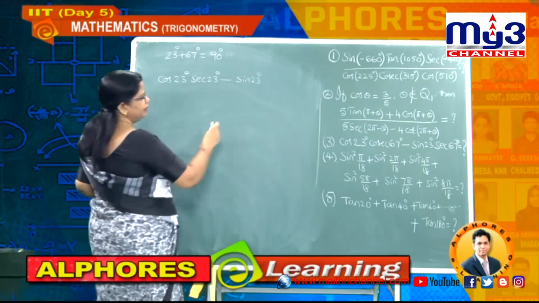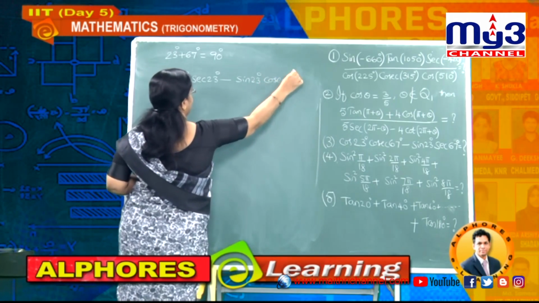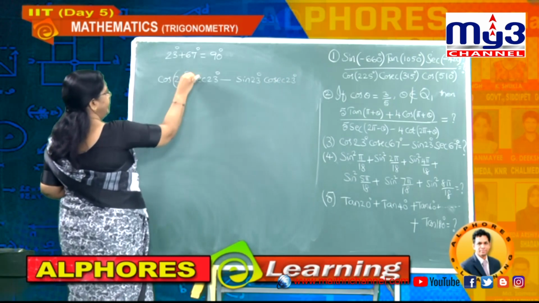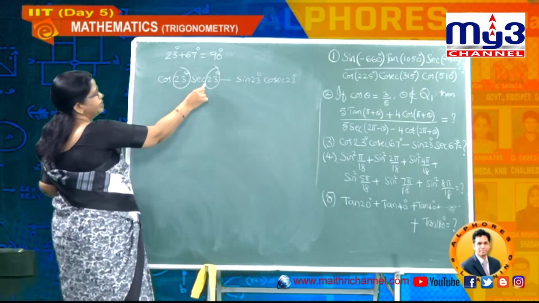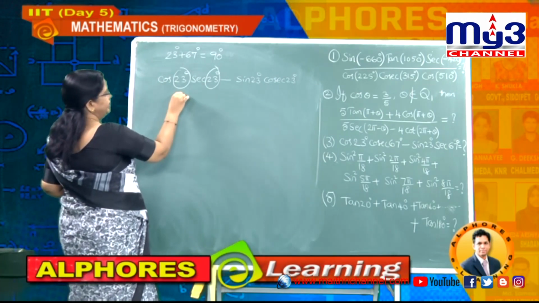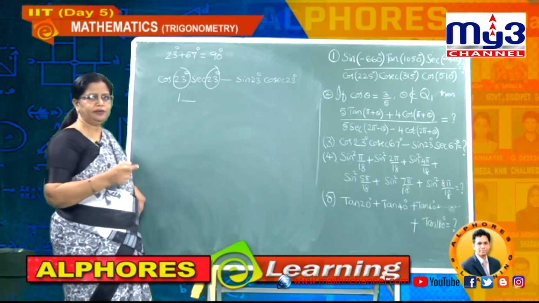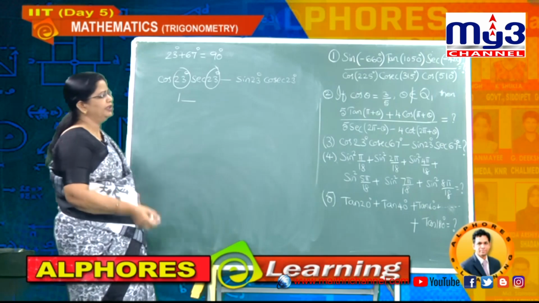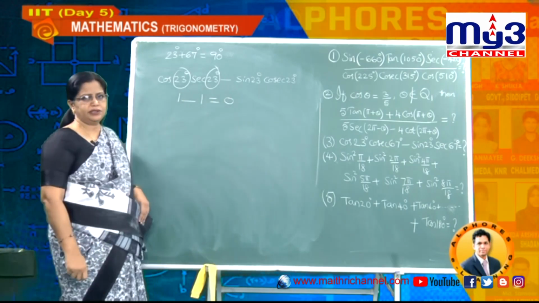If you use the complementary concept it will now be cosec 23 degrees. Now what happened? It is theta, this one also the same value. So it is of the form cos theta into secant theta. So what is cos into secant? It is 1, minus here also the same, sin and cosec are reciprocals of one another. So this is also 1, and hence the answer is 0.